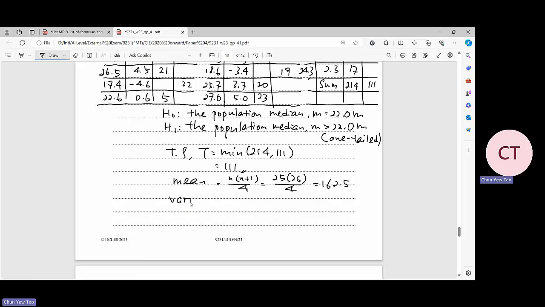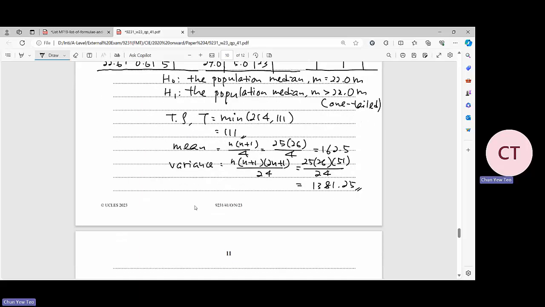Then the variance, again just refer to the table: n(n+1)(2n+1)/24. So you get 25, 26, and 51 divided by 24, and you get 1381.25.